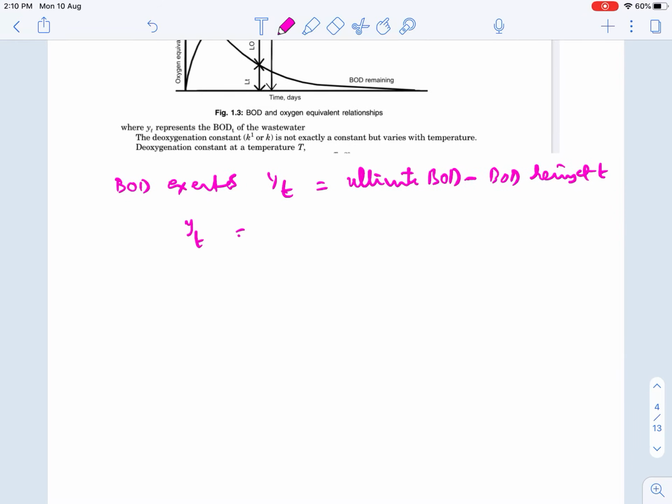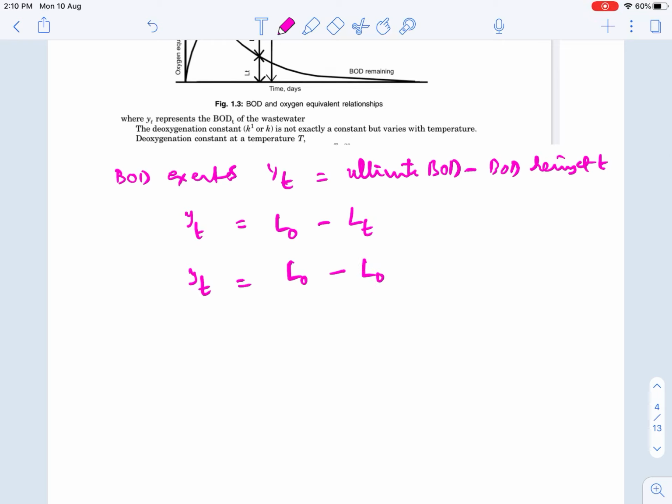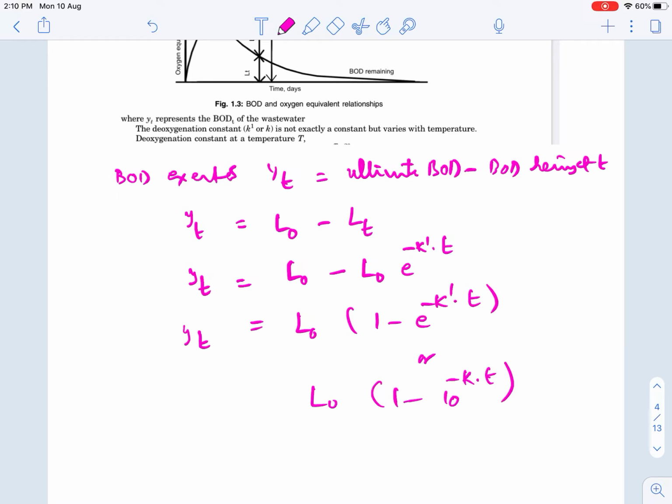So Yt is equal to L naught minus Lt. Substituting Lt in terms of L naught into e to the power of minus K dash into t, Yt is equal to L naught into 1 minus e to the power of minus K dash into t, or L naught into 1 minus 10 to the power of minus k into t.